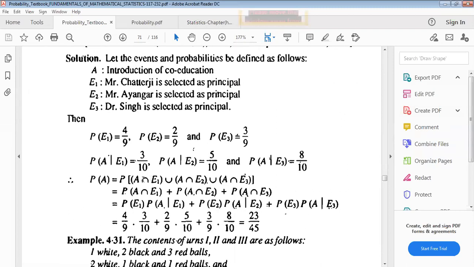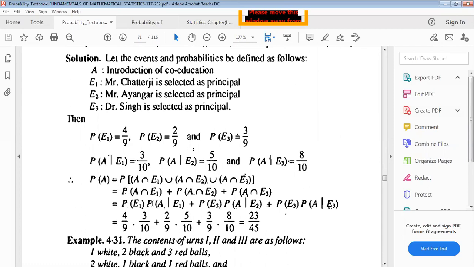Now the probability of A equals the probability of A intersection E1, union A intersection E2, union A intersection E3, the total probability. Just putting in the conditional probability formula: A intersection E1 equals what?